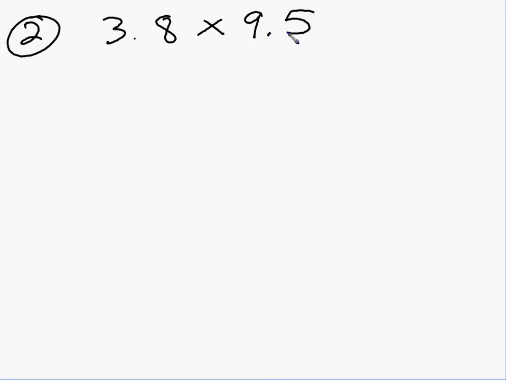Let's do another problem. How about 3.8 times 9.5? Now, both of these numbers have the same number of digits, so it doesn't matter which one I put on top. I'll just put the 3.8 on top.